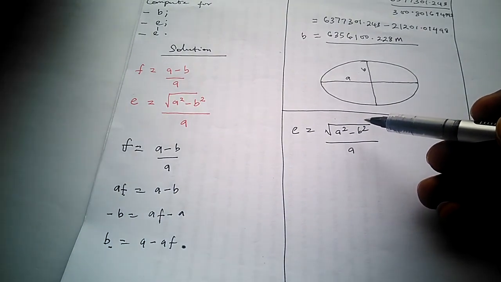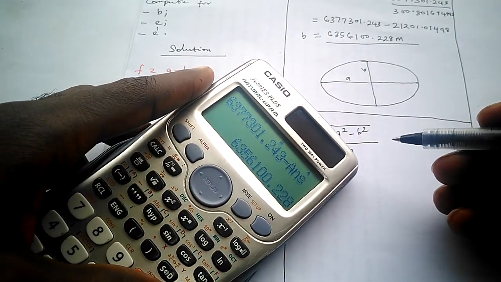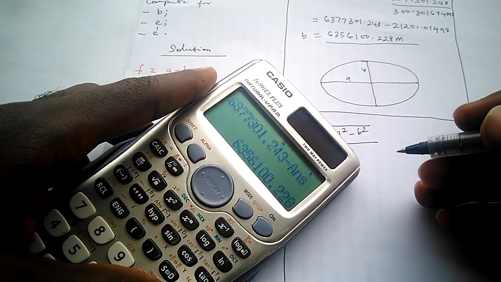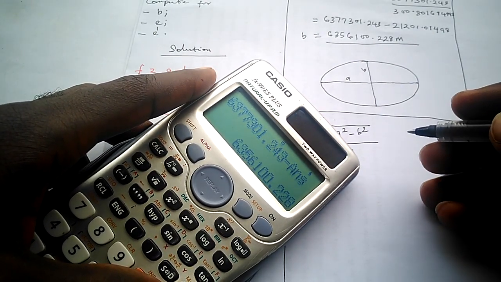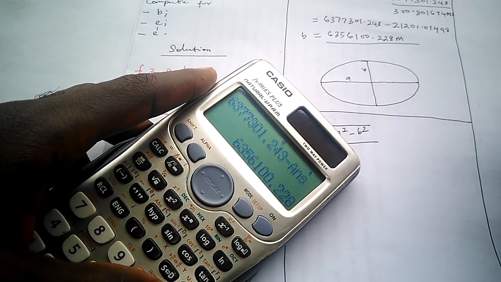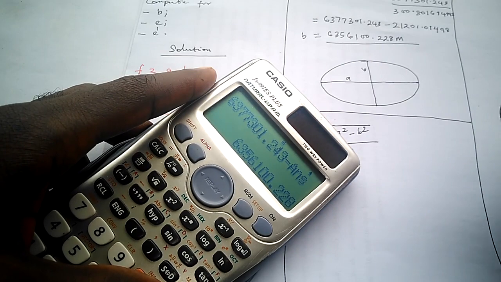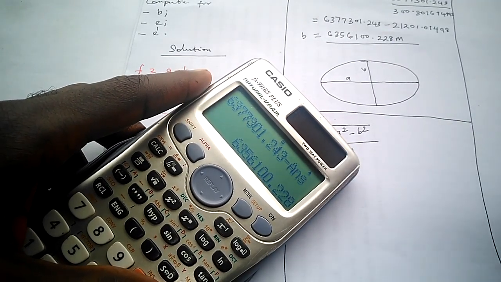Now, using this calculator for ease, I used to tell my mates when we were in school, or when I'm studying alone, that I put the values in a constant, like an alphabet on the calculator, like storing it on the calculator. So we are going to store our A on the calculator, and we are going to store our B on the calculator.